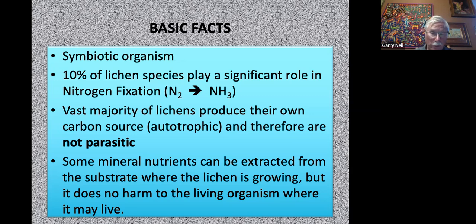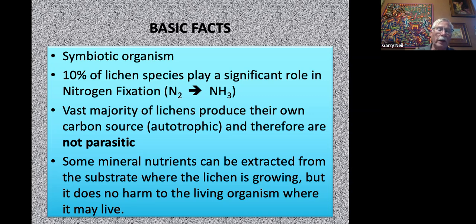That is not true. Lichens are not parasitic on woody plants or even on plants where lichens may be growing on leaves, etc. That's not very common, by the way, and I haven't found, I don't think anybody has reported, any lichen that grows on leaves recorded in Arizona.